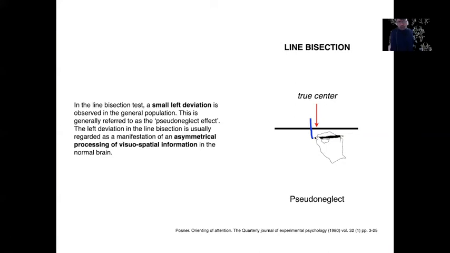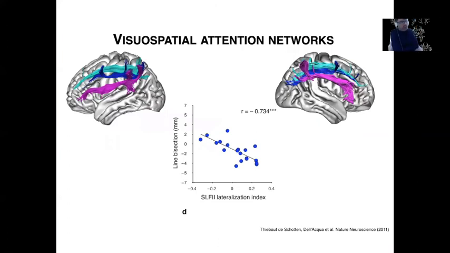And so we tried to look at which connection would be related to this effect, and we found that the only connection related to this effect is really the SLF2, which is highly correlated with this pseudo-neglect effect.